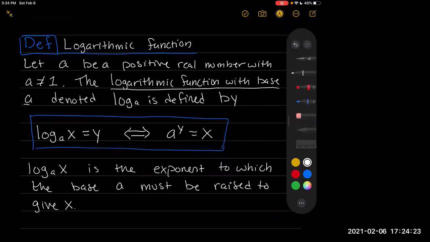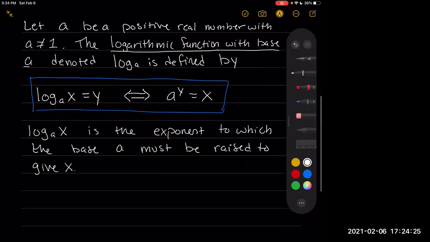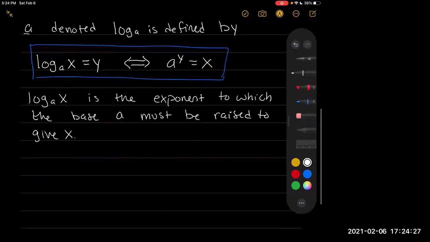Okay, so I know that this is kind of funky and a weird definition and a weird function to work with, but this means that the output of log sub a of x is what a must be raised to give x.